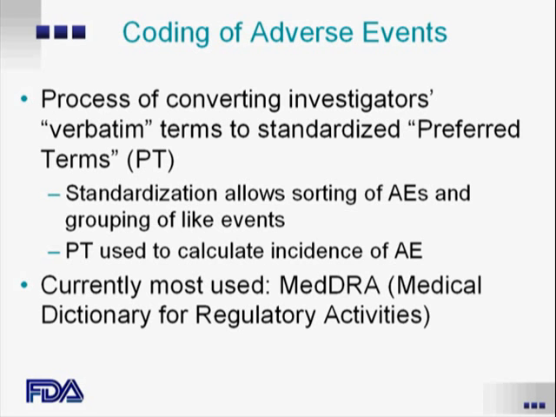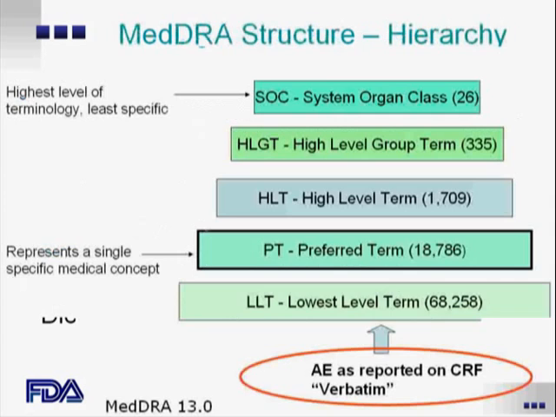And the dictionary that we are currently using to code adverse events is MedDRA, Medical Dictionary for Regulatory Activities. On this slide, we have a schematic of the MedDRA structure, and as you see, the adverse event reported verbatim by you will be basically equivalent of the lowest level term, which then will be converted to the appropriate preferred term.